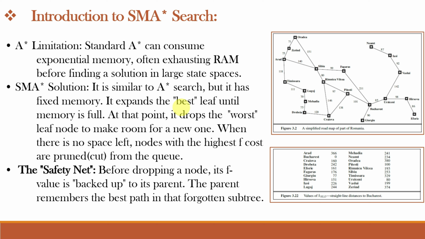SMA star keeps only a fixed number of best nodes in memory, and when memory becomes full, it removes the worst node with highest F cost. But before removing that node, SMA star saves or backs up its F value to the parent node so that the algorithm can remember that forgotten path and return to it later if required.